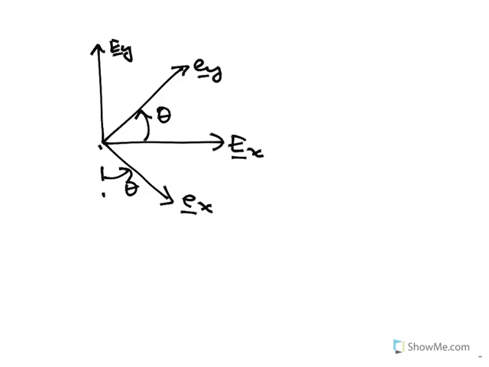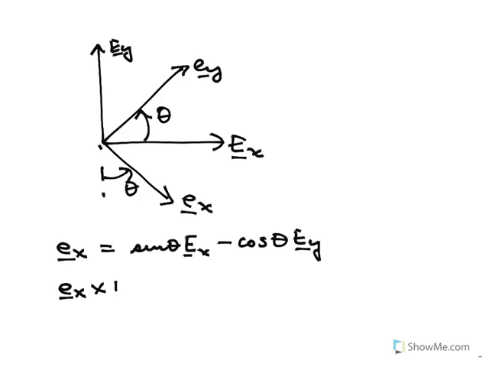We only need little ex. So little ex is equal to sine of theta times big Ex minus the cosine of theta times big Ey. So you can see here that as a result of this, we can now compute Ex crossed with big Ex.